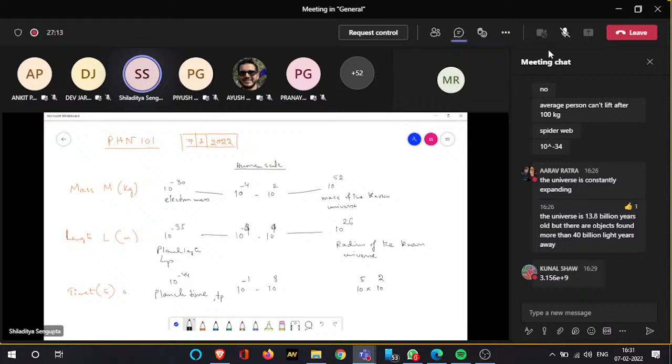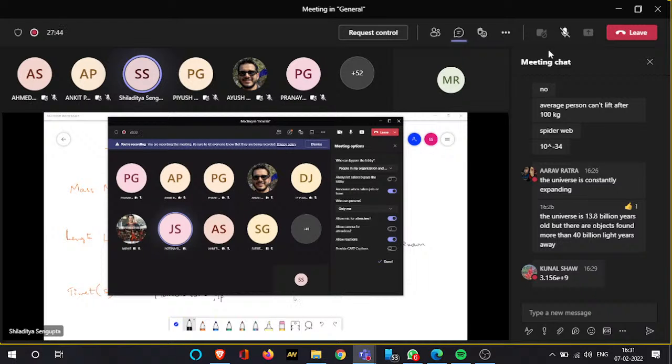And then as a higher end, what is the biggest time that we know? For an amoeba to cover the whole universe? No, even that's probably not possible. 13.8 billion. Someone said 13.8 billion years.